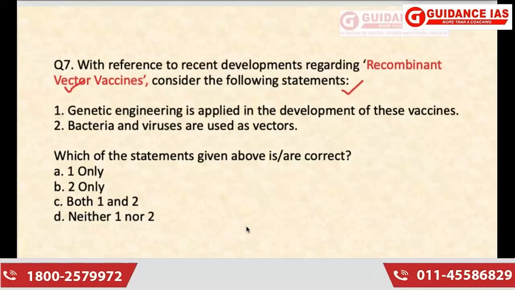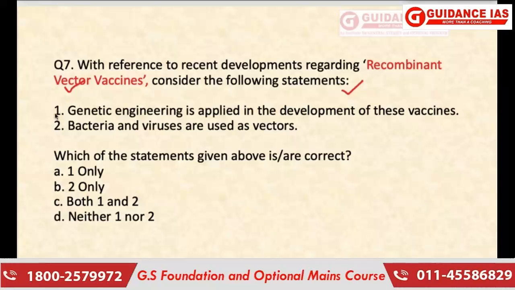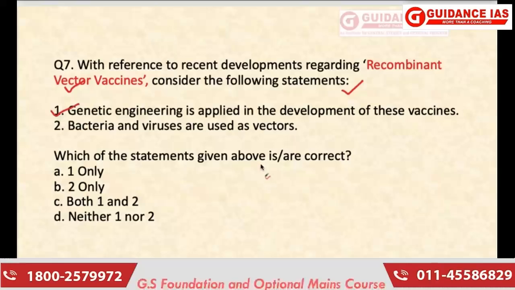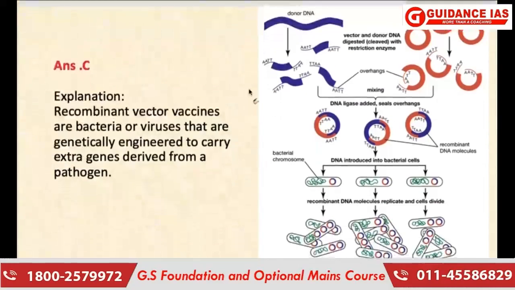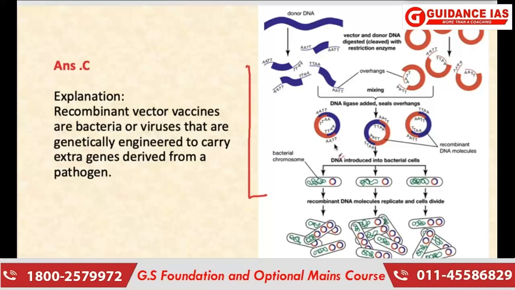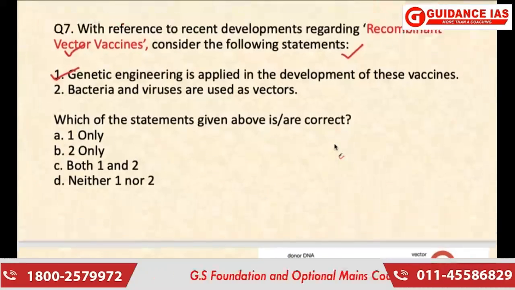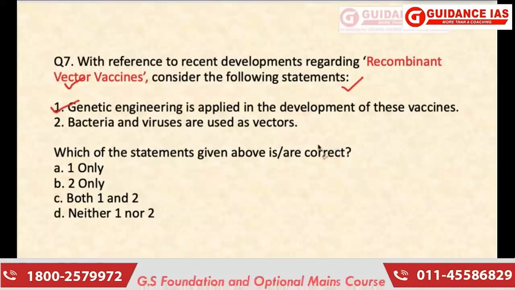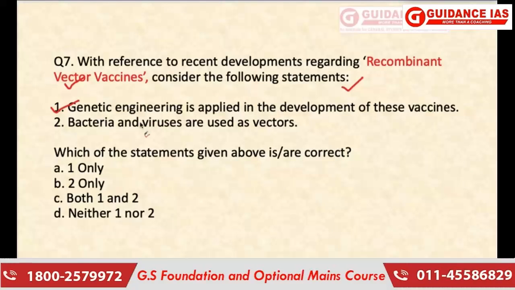Now let us come to the options. Option number 1 says the genetic engineering is applied in the development of these vaccines. Yes, definitely, the entire process I've just told you is a part of genetic engineering only. So option number 1 is the correct option. Option number B says bacteria and viruses are used as a vector.